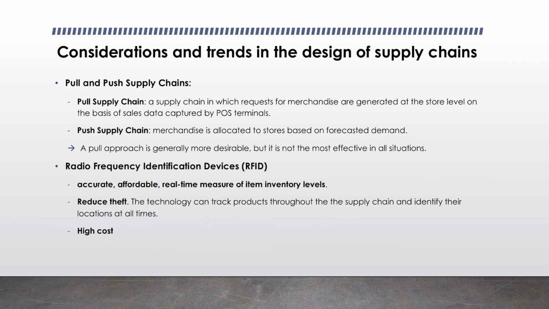This technology can track products throughout the supply chain and identify their locations at all times. It helps reduce theft in transportation, at distribution centers, or in stores. But the main disadvantage of RFID is its high cost.